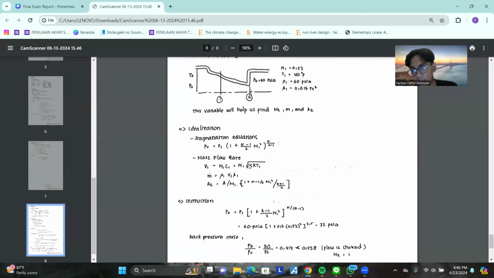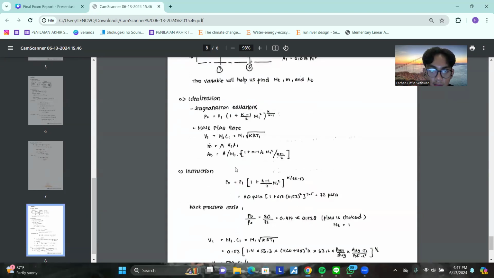For the derivation, the formulas that help us define these three quantities are, first, the stagnation equation: the initial pressure P0 equals P1 times (1 + (k - 1) per 2 times M1 squared) to the power k per k - 1.